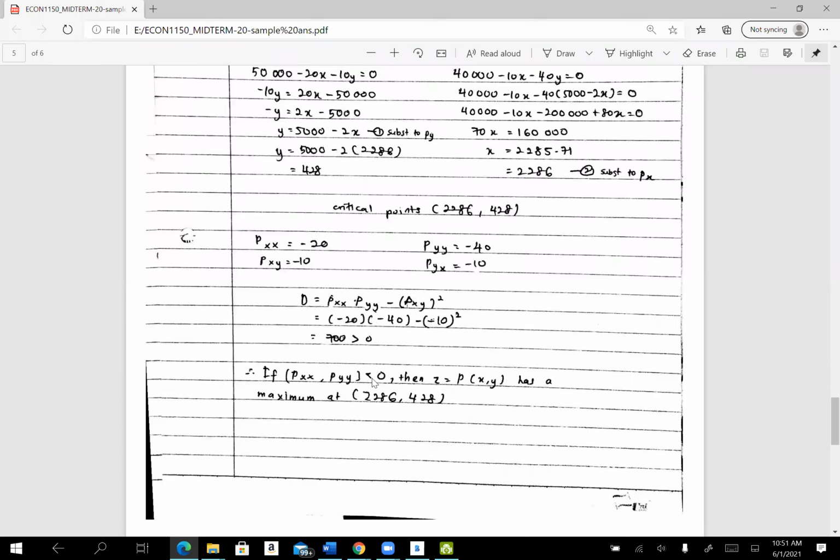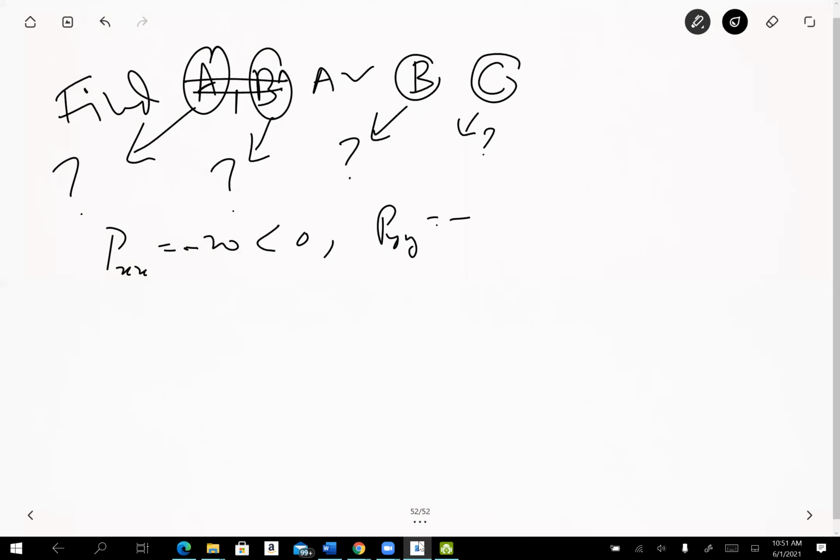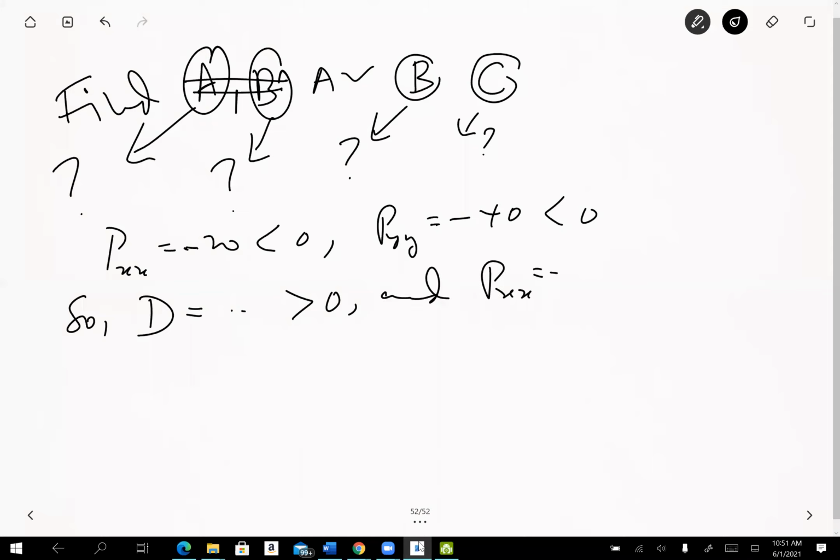Okay, that is less than 0. pyy equal to negative 40, and that is less than 0. So d is equal to whatever the value bigger than 0, pxx equal to negative 20 less than 0, pyy equal to negative 40 less than 0.